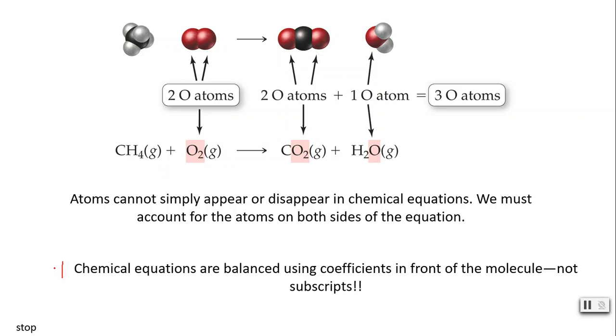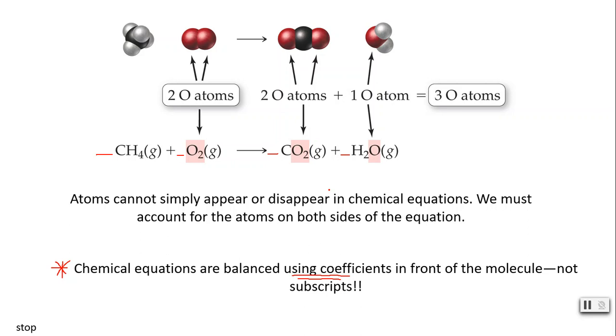To balance chemical equations, which is what we're going to practice in the next 2 videos, you balance them by using coefficients. Those are numbers out front of each species in the chemical equation. Coefficients are used to balance chemical equations. You do not change the subscripts when balancing a chemical equation.